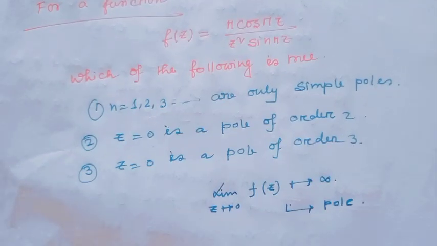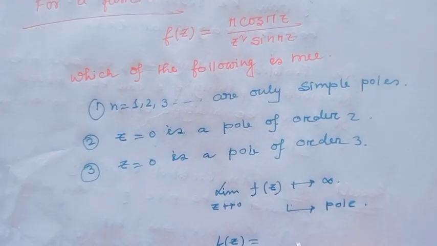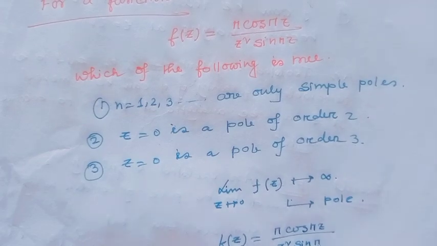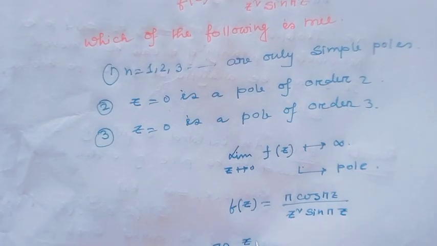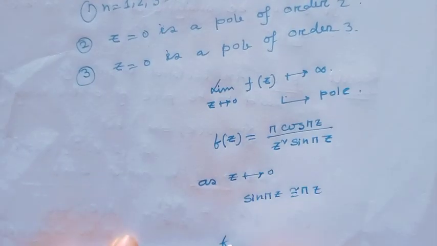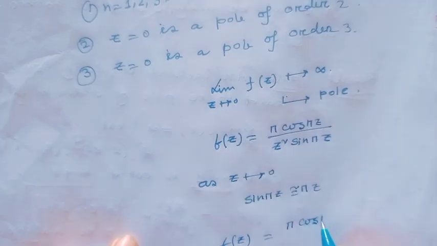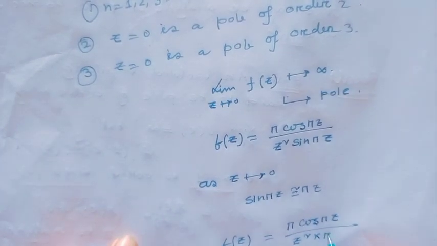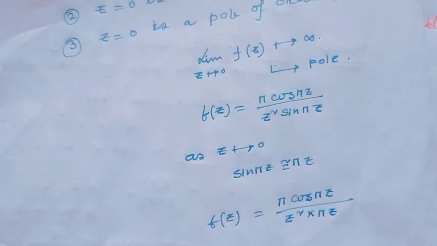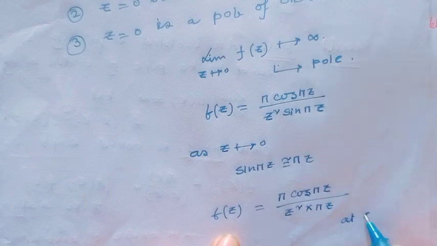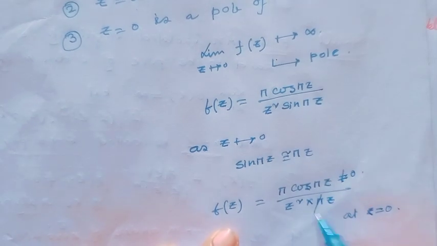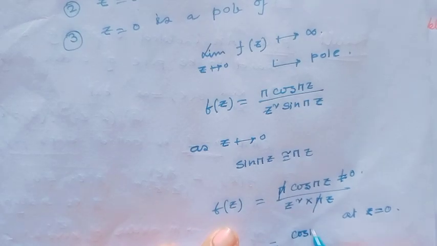Now we have to find the order of the pole. For this, F(Z) equals G(Z) over the factor, pi cos pi Z over Z square sin pi Z. We all know, as Z tends to 0, sin pi Z is equivalent to pi Z. Therefore F(Z) equals pi cos pi Z over Z square times pi Z. Since at Z equal to 0 this value is non-zero and pi would be cancelled, we get cos pi Z over Z cube.